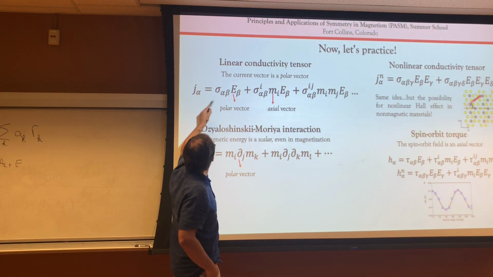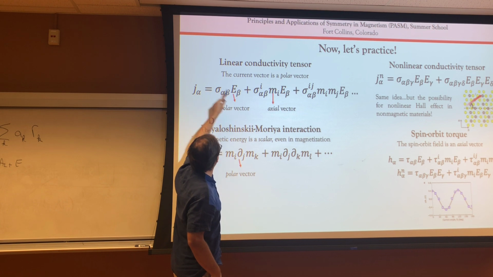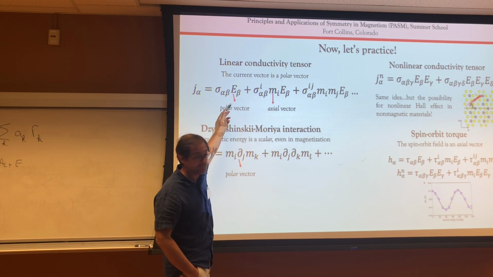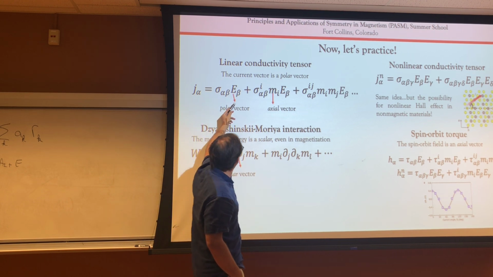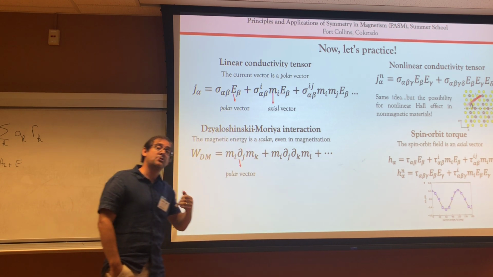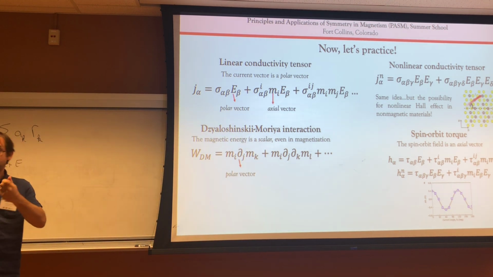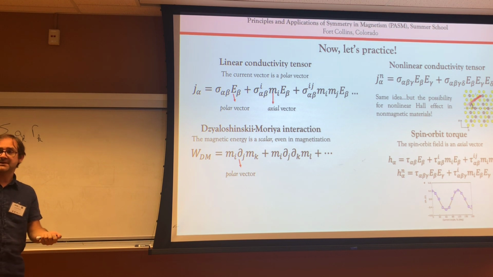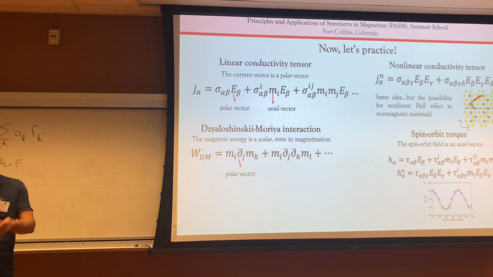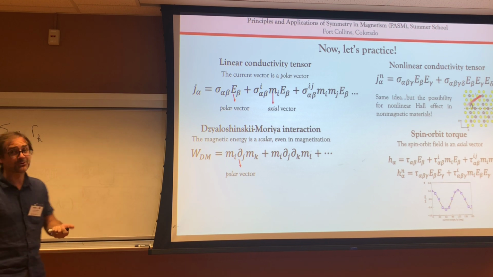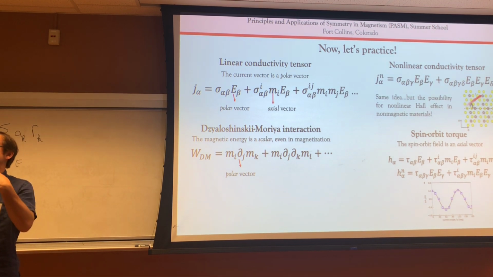So at the first order, the polar vector must be proportional to the polar vector of the electric field. But you could also say, hey, could I have a term that is proportional to the magnetization as well as the electric field? We know what this is, right? This is the Hall effect. So could we have a Hall effect? We know that Hall effect is permitted.